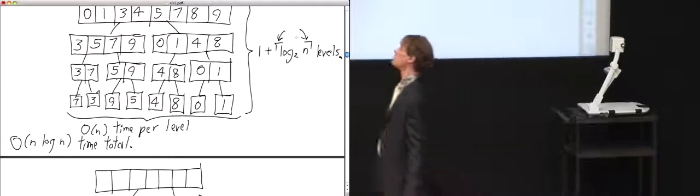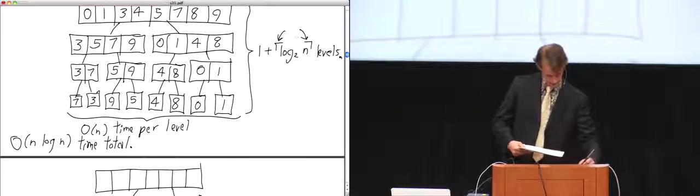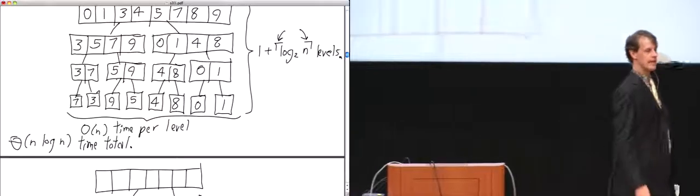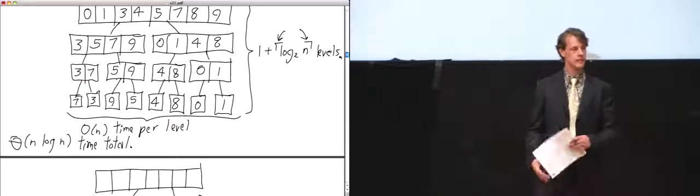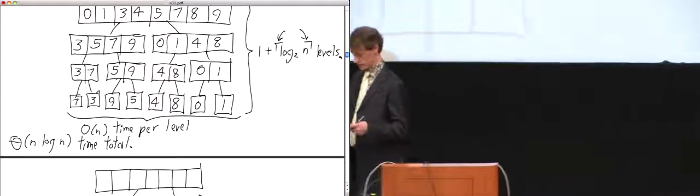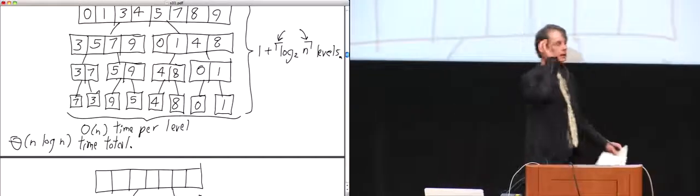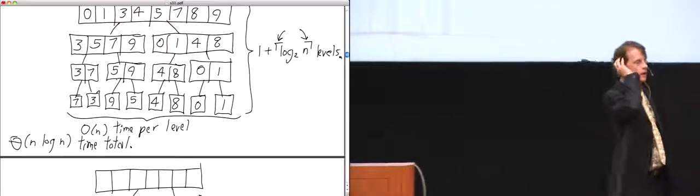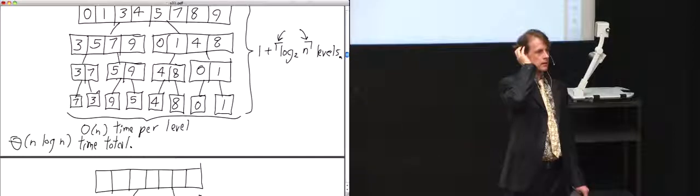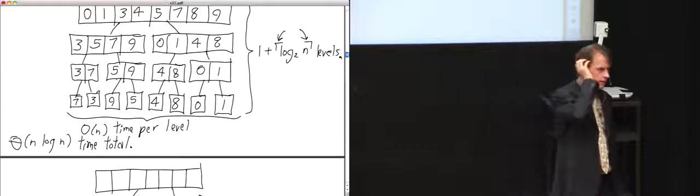No matter what list you have, it's always, yeah, it is. Okay. So, good point. It is theta n log n, both in the best case and the worst case.